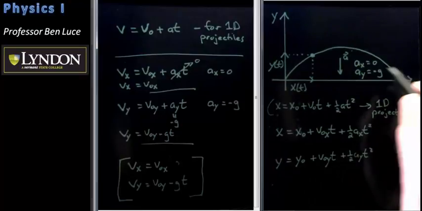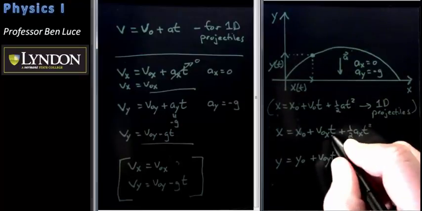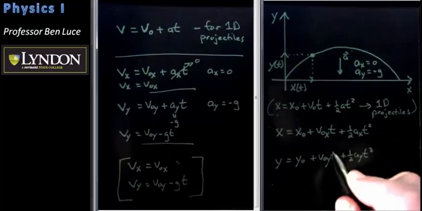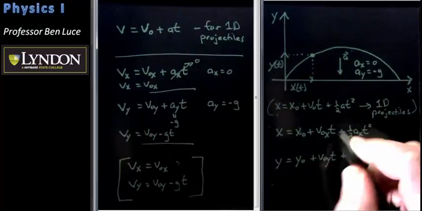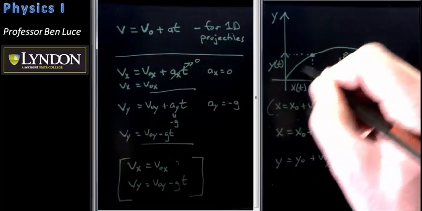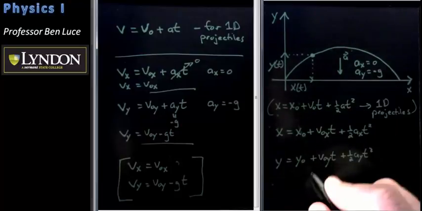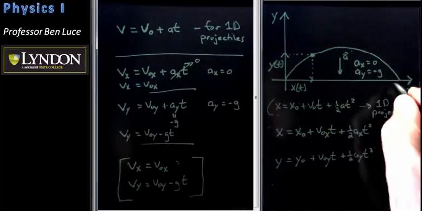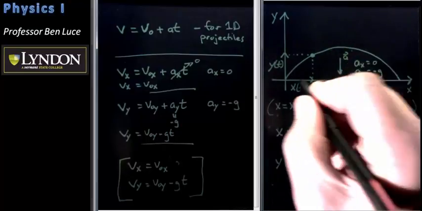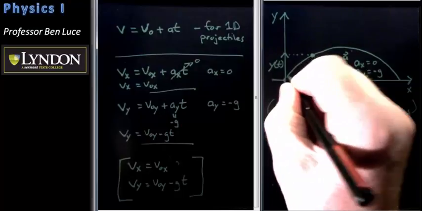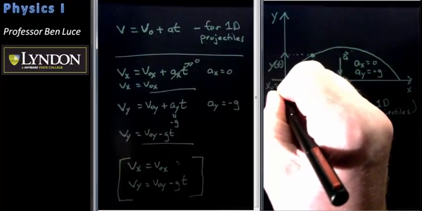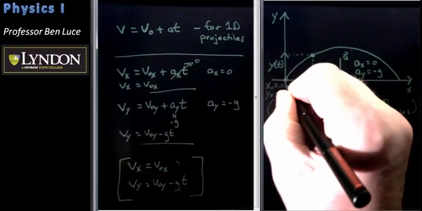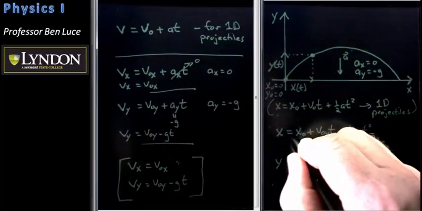And now we utilize this information we discussed previously. First of all, we have to keep our v naught x and v naught y, because these numbers are essentially arbitrary depending on how we pick our initial velocity, both its magnitude and direction. But the x naught and the y naught in this particular problem can be set to 0, simply because we've set our launch point right at the origin, so that x naught equals 0 and y naught equals 0.